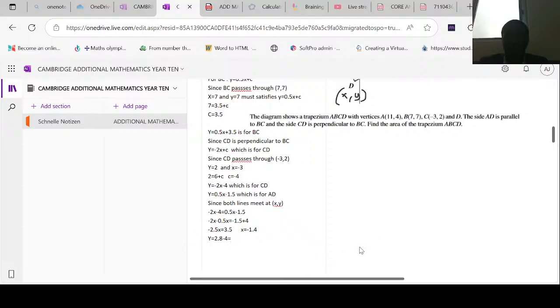So what's 2.8 minus 4? You can use a calculator. Okay, that's negative 1.2, right?